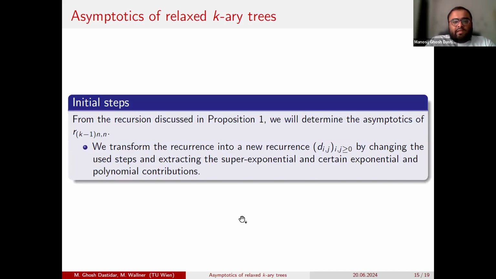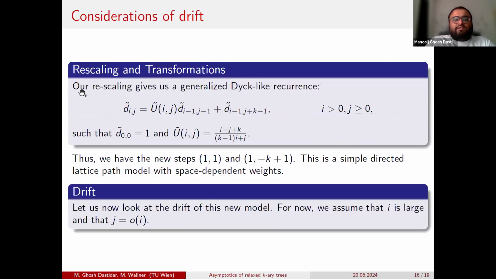This rescaling gives us a generalized Dyck-like recurrence, which you can see here with the following parameters. So we have the new steps (1,1) and (1-k, 1). And we have a simple directed lattice path model with space-dependent weights.